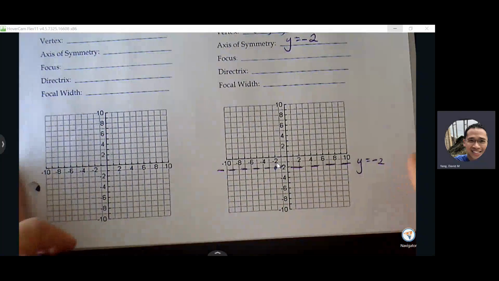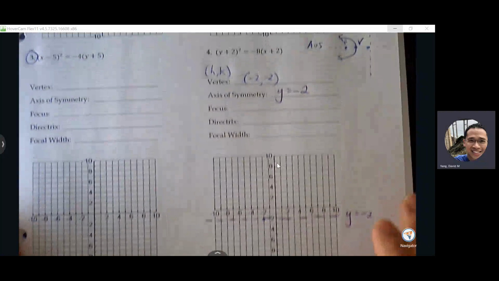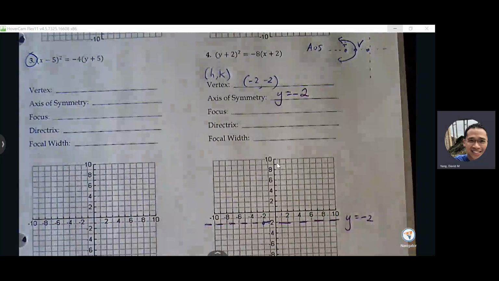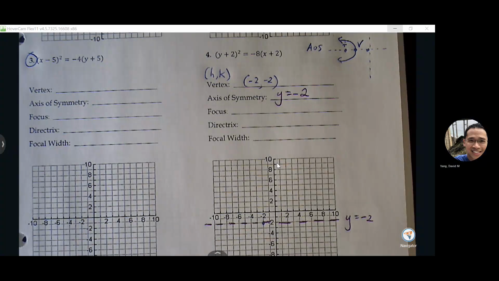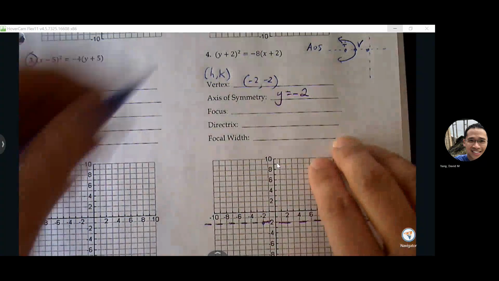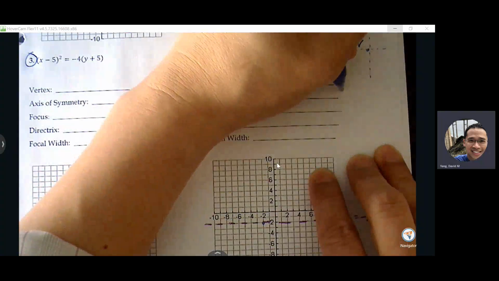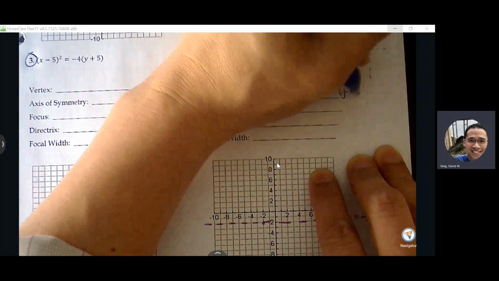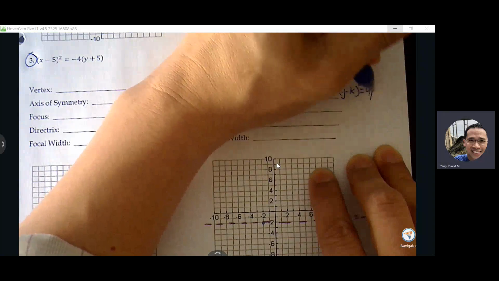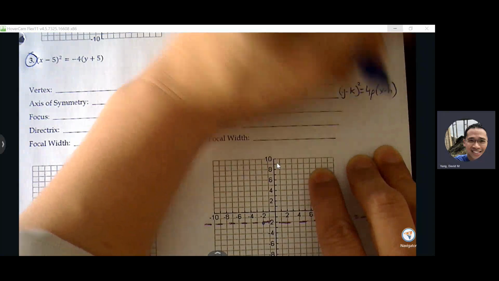Your focus is always P units away from your vertex, but we've got to find that P value first. So what we do is we look to the equation, and we look to the formula. So we know the formula is y minus k squared equals 4p times x minus h.